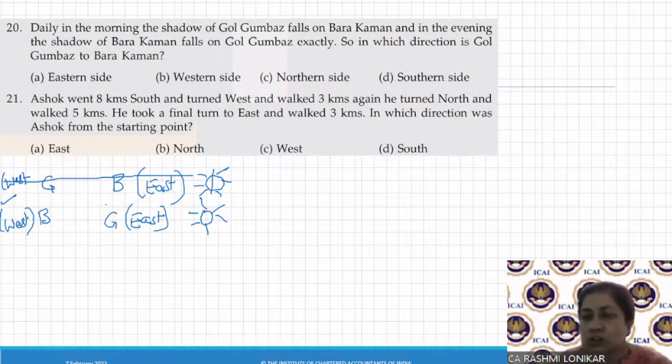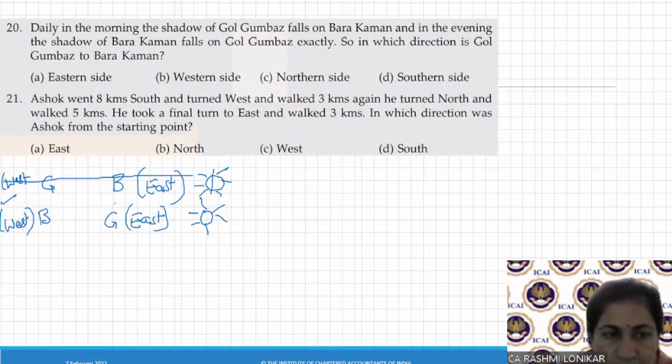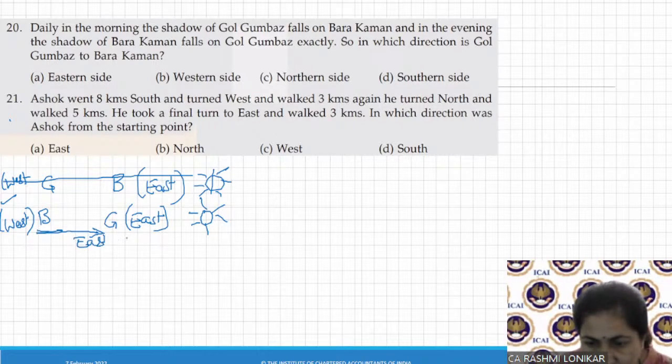Okay. So in which direction is the Gol Gumbaz to the Bara Kaman? Here we have the Bara Kaman and this is the Gol Gumbaz. Which direction is this? This is the eastern direction.